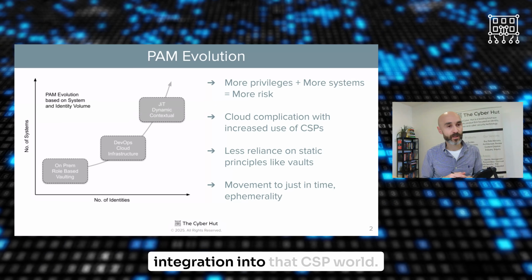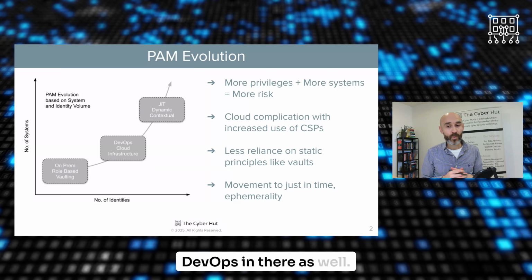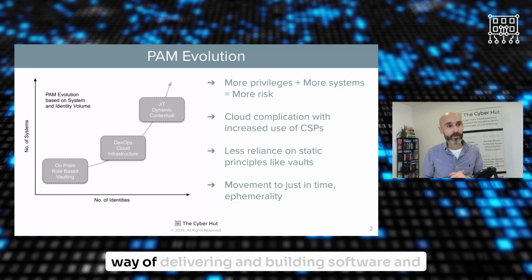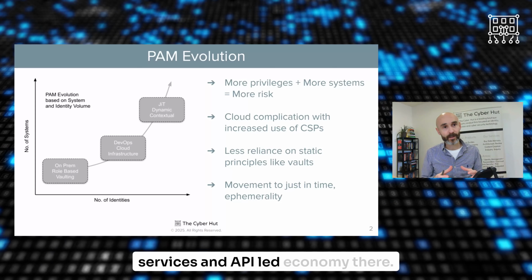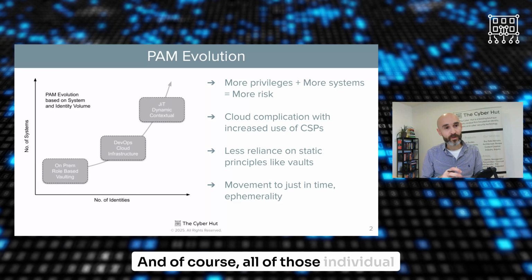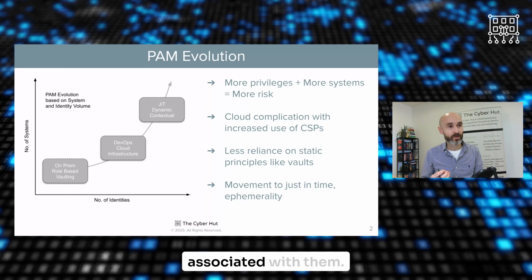Also integration into that CSP world, and we start to see the introduction of DevOps as well, with a more automated way of delivering and building software and services, an API-led economy, all looking to optimize our CI/CD pipelines. And of course, all of those individual components have high risk associated with them.